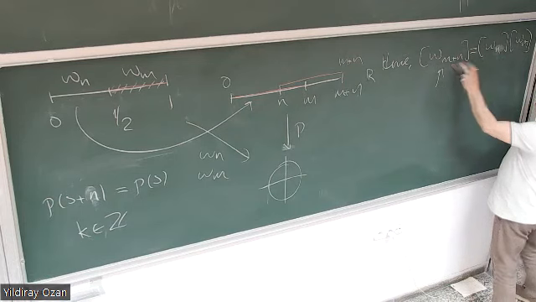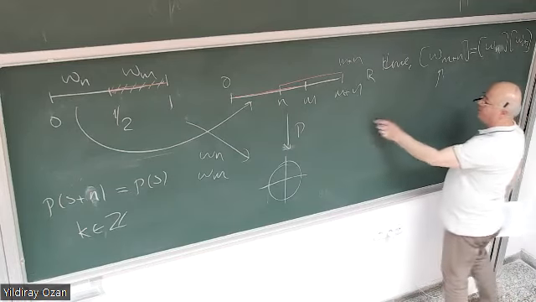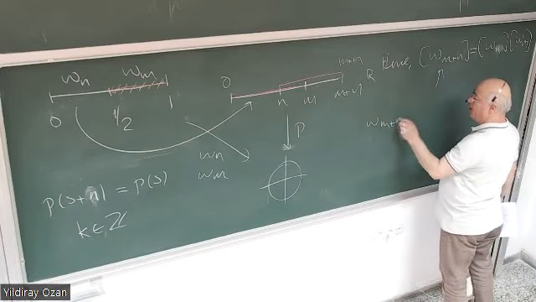O zaman da her ikisi de şey olacak. Hani yani aslında belki şey diye mi söylemek lazım? Daha açıkça yazmak gerekirse buna karşılık gelen W n plus m tilde var.